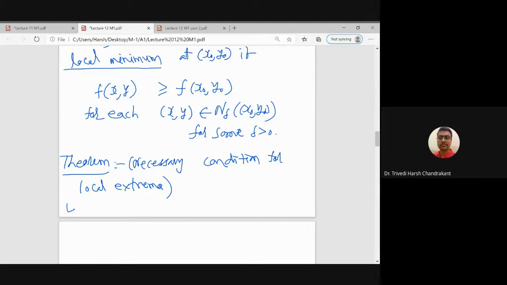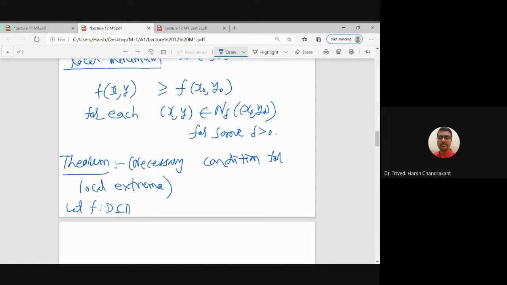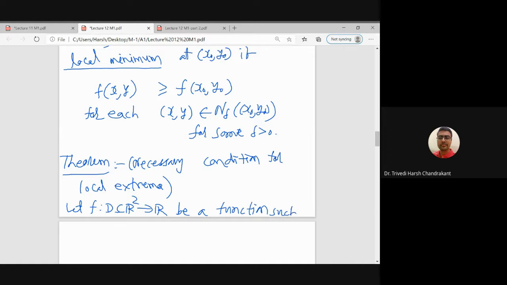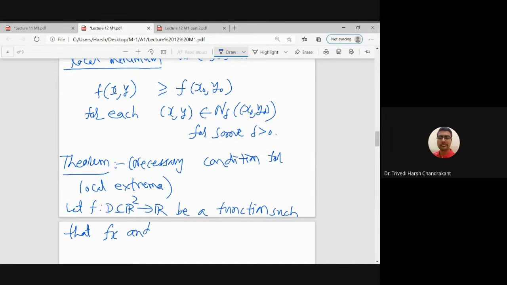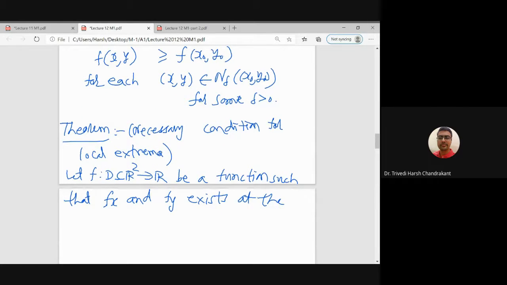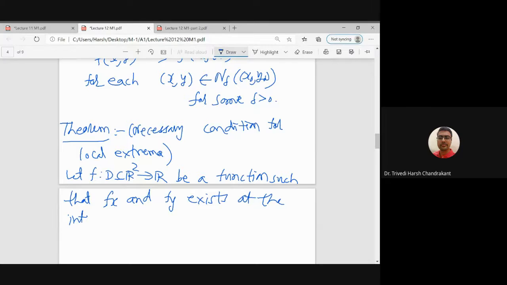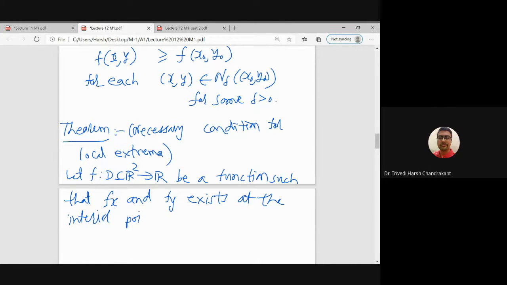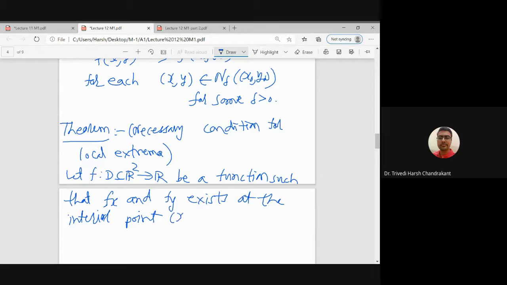So we have a function f which has partial derivatives at the interior point x naught, y naught of D, right?